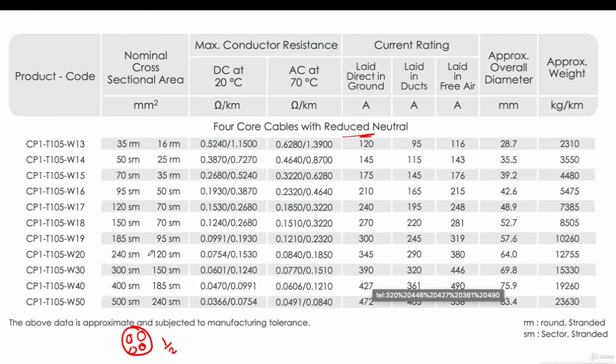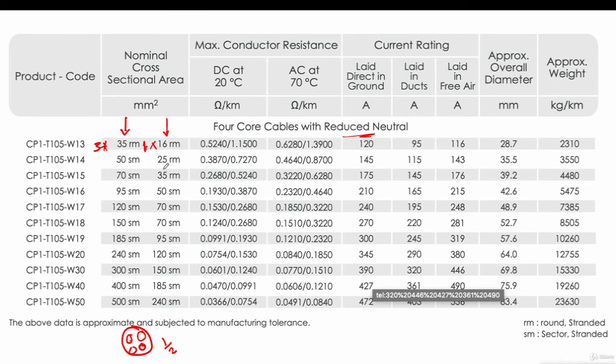It means for 35 square millimeters multi-core cable, you will have 3 cores of 35 square millimeters and 1 core of 16 square millimeters. So this column is for the three main cores, and this column for the reduced neutral.